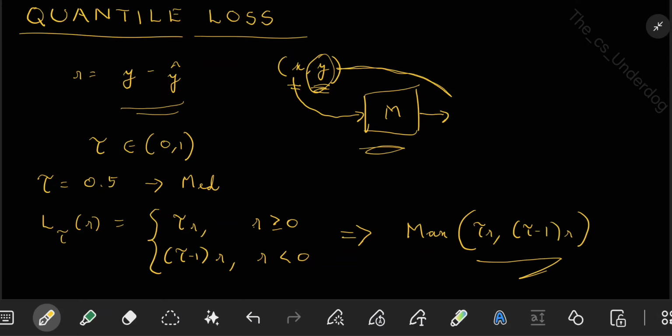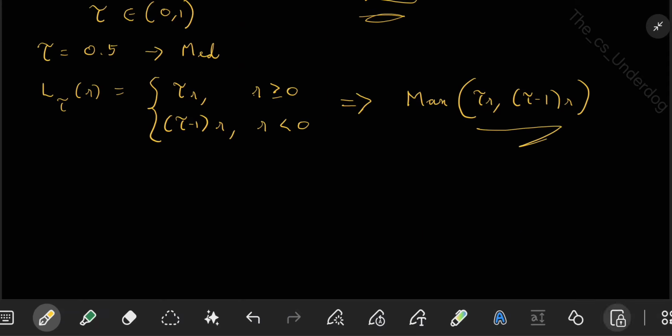What is the logic behind this? How can you rewrite it as the maximum of these two? The logic is, if your residual is greater than 0, then the value tau r will be positive. But what will be the value of tau minus 1 into r?